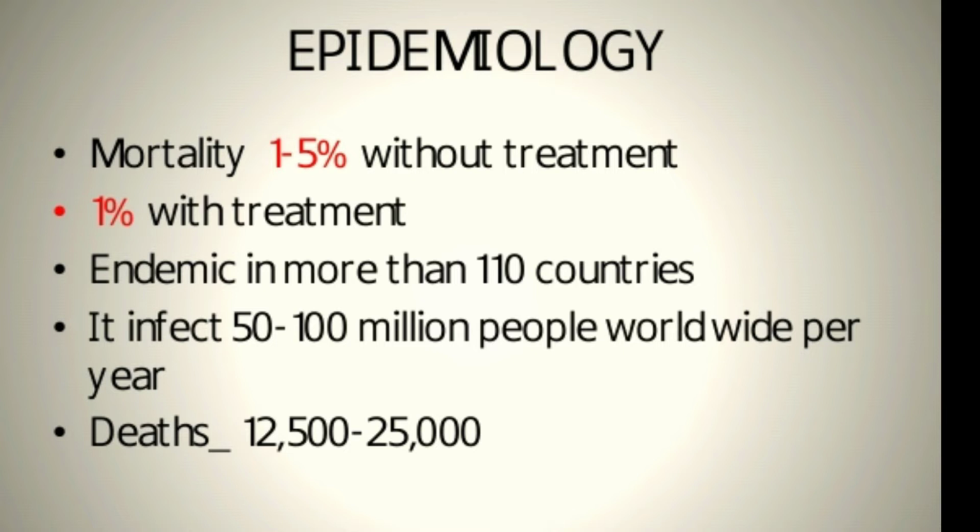Now the epidemiology. The mortality rate of dengue fever without treatment is 1 to 5% and with treatment the mortality rate is only 1%. Dengue fever is endemic in more than 110 countries including Pakistan and it infects 50 to 100 million people worldwide annually.